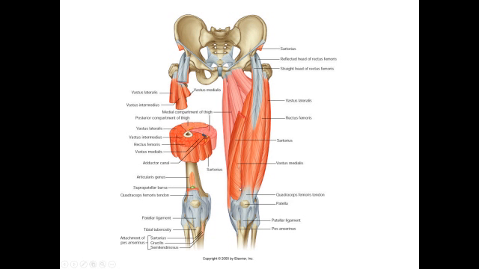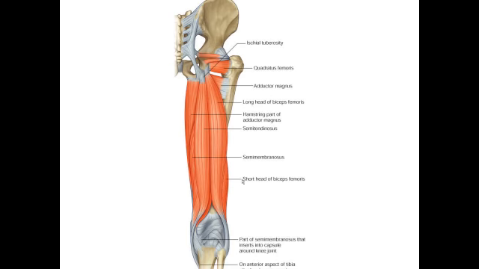And so there's a lot of focus put on the VMO because it creates the medial pull to balance out the pretty strong lateral pull of the quadriceps on the patella. Innervated by the femoral nerve, and I think that's about it for the quadriceps.